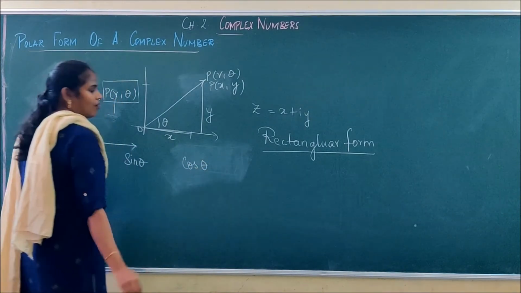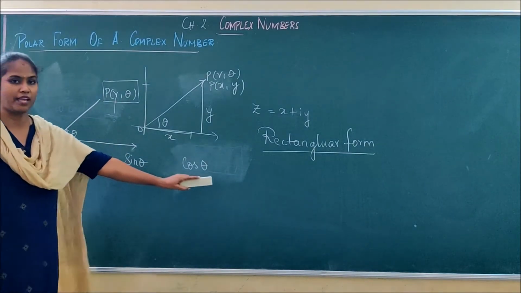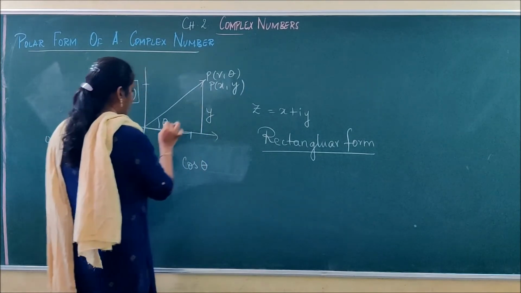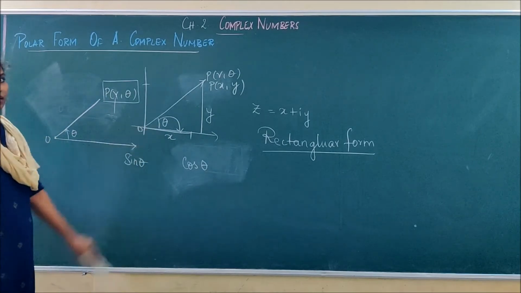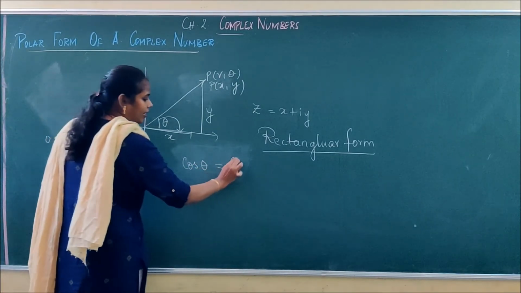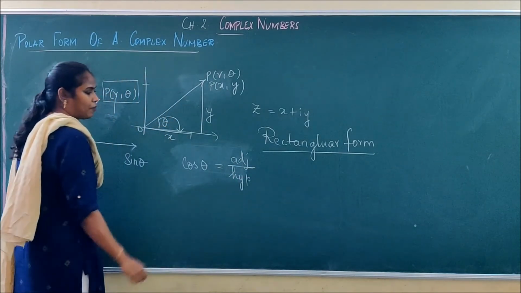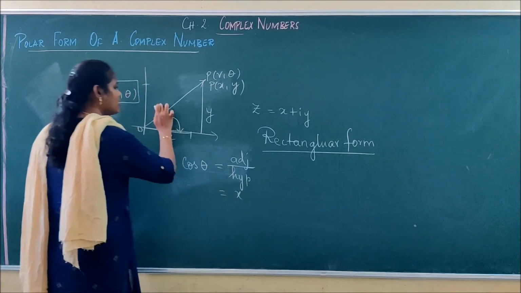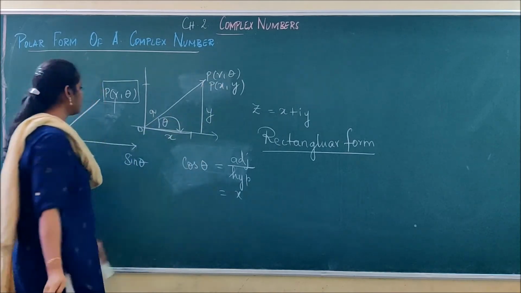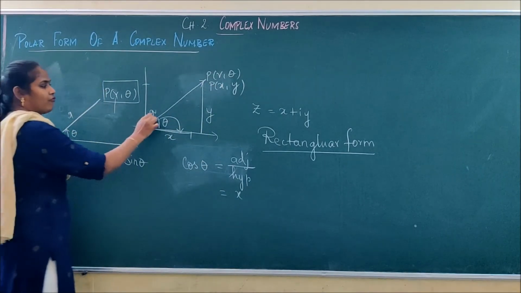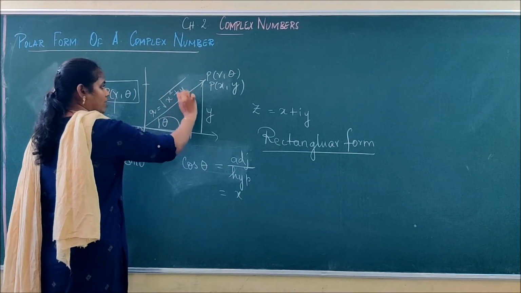Here I am going to find x, which is adjacent to the angle. The adjacent side comes in cos theta, so cos theta is equal to adjacent by hypotenuse. My adjacent is x, and the hypotenuse here is r. Since this is the hypotenuse, r is the square root of x square plus y square.